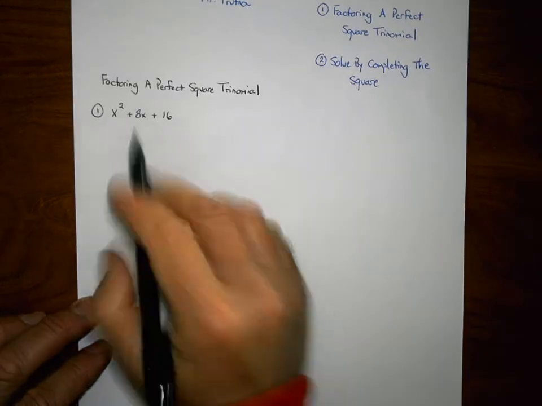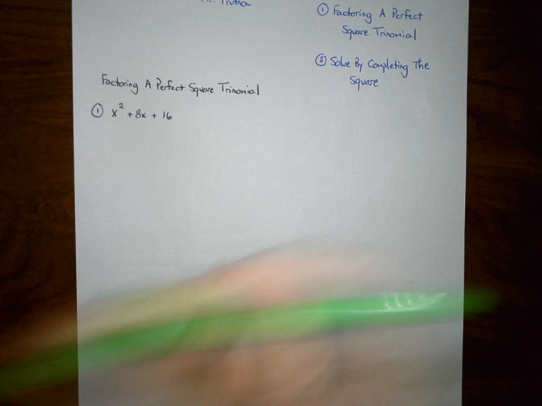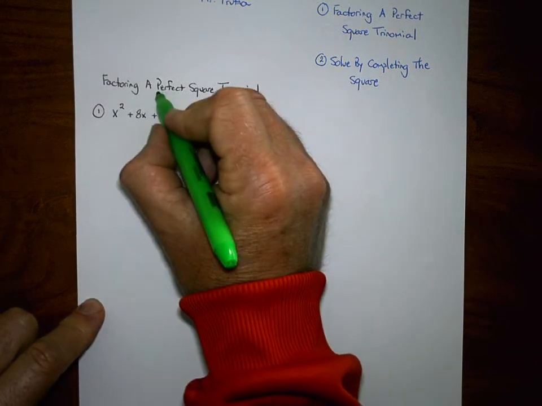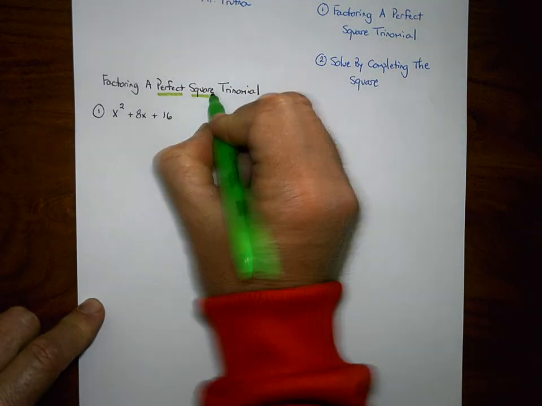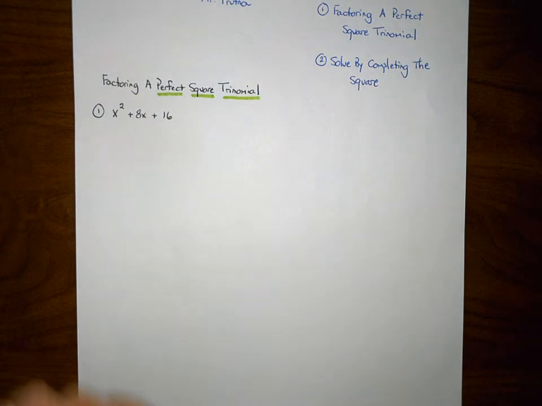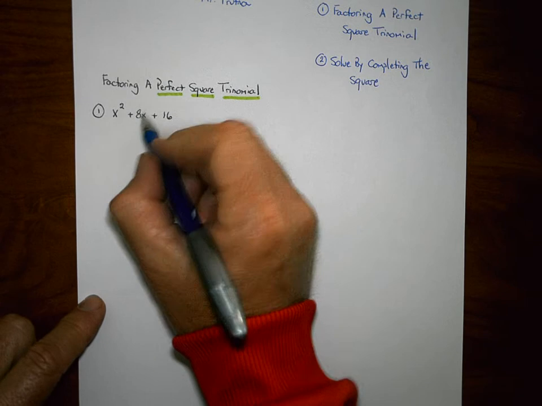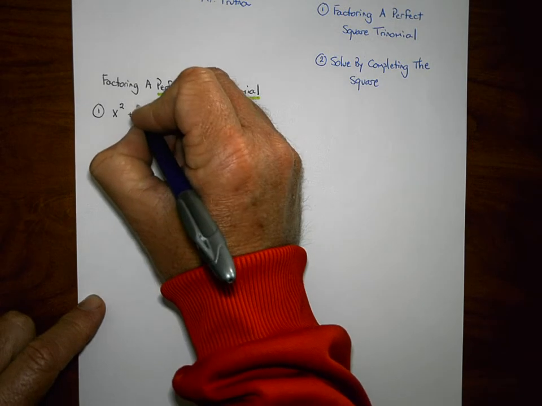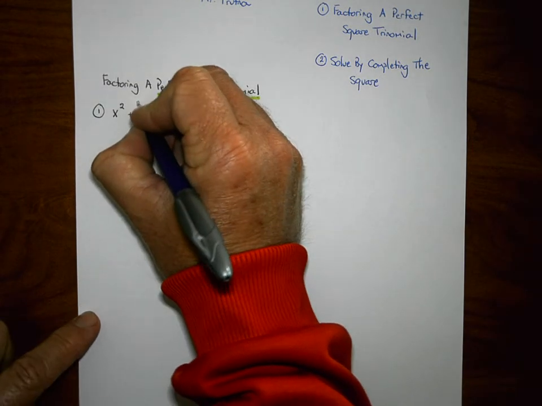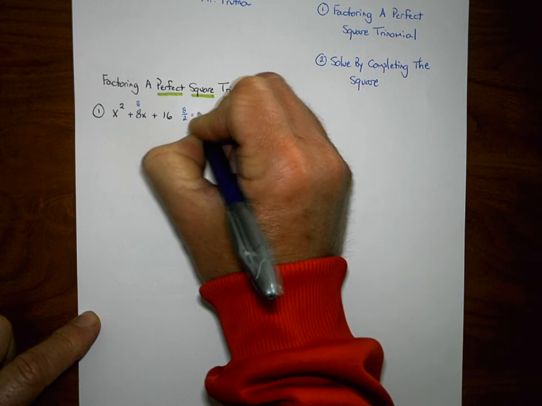Now, keep in mind that not all trinomials are perfect square trinomials. A perfect square trinomial is a very specific type of trinomial. Okay, so how do we know this is a perfect square trinomial? First of all, if we took the b value here, which is 8, and divided it by 2, we get 4.